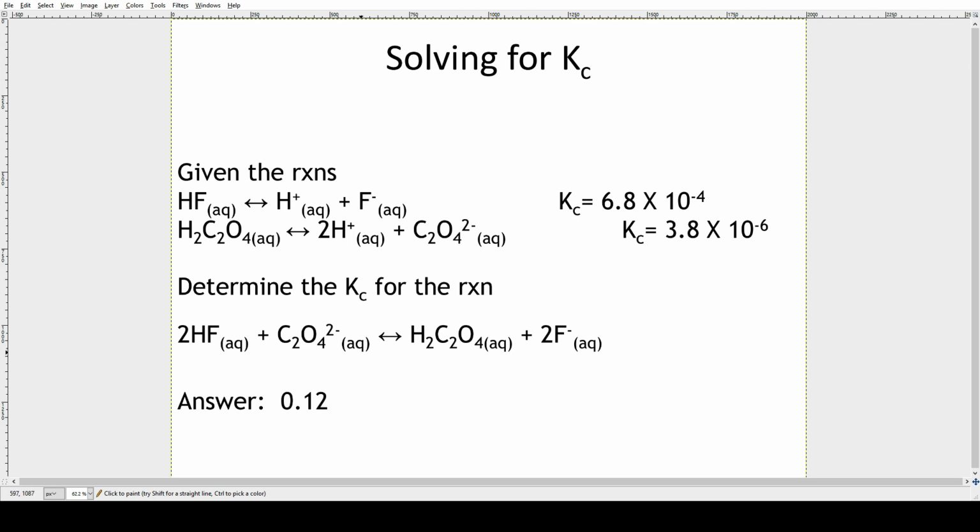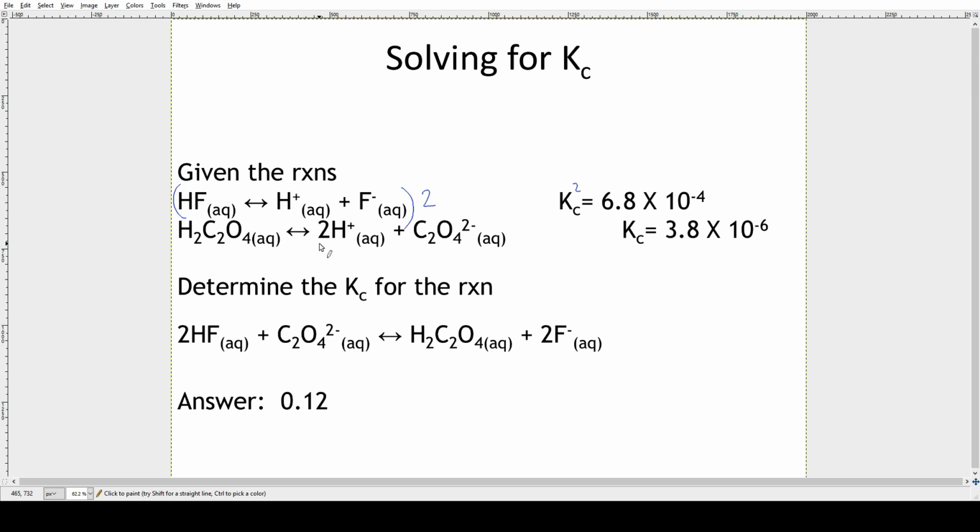Here's your thought process. I need 2 HFs and I need 2 Fs in my final equation. So I better make sure I'm multiplying this whole thing by 2. So keep track. That means I'm going to have to square that at some point.